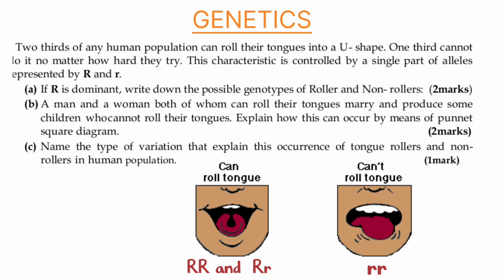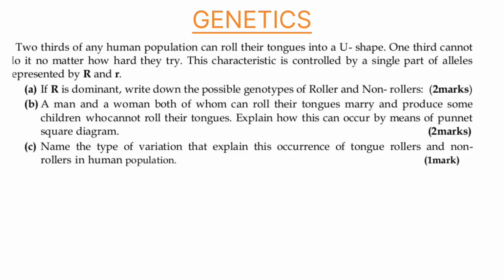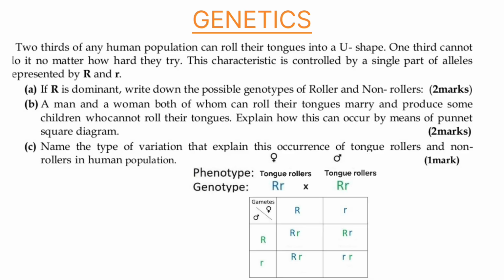Part B. A man and a woman, both of whom can roll their tongues, marry and produce some children who cannot roll their tongues. Explain how this can occur by the means of a Punnett square. Okay. So if both parents can roll their tongues, it means that they have the dominant allele.